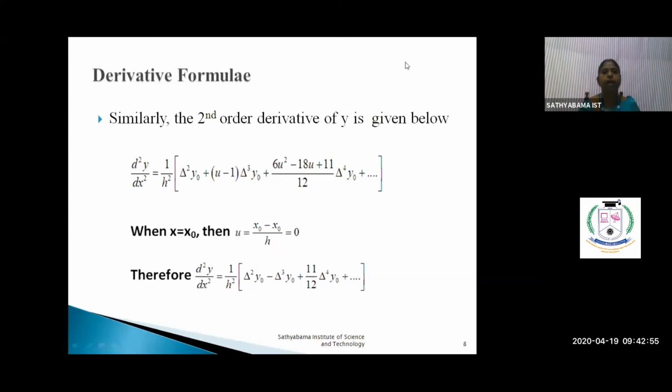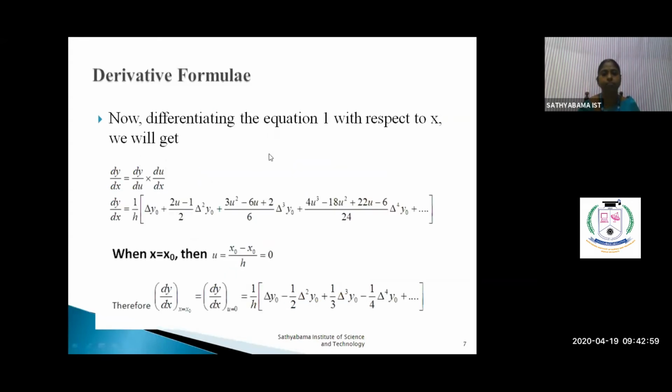Now, how can we find the second order derivative? We have seen the first order. The same procedure we applied to find dy by dx is used again to find the second order derivative, d square y by dx square.